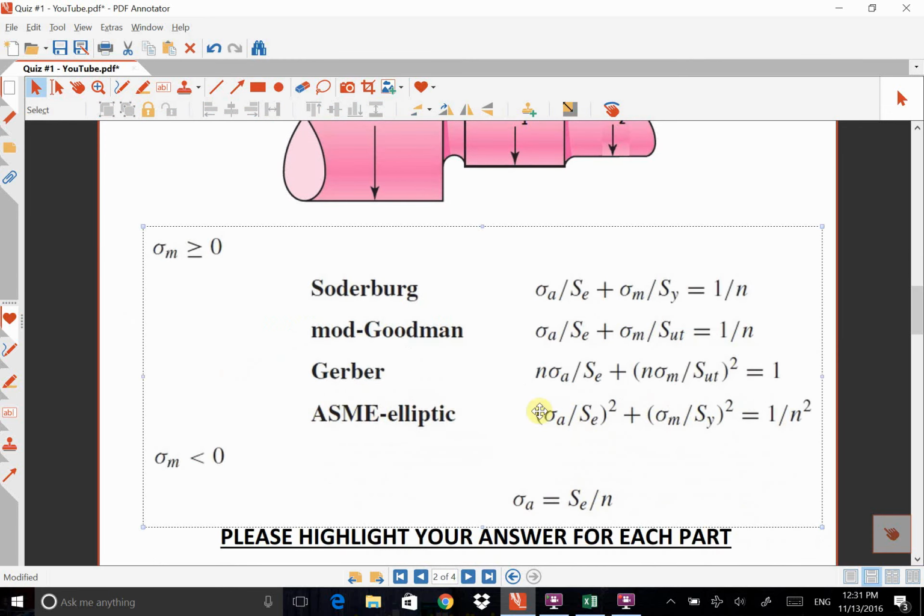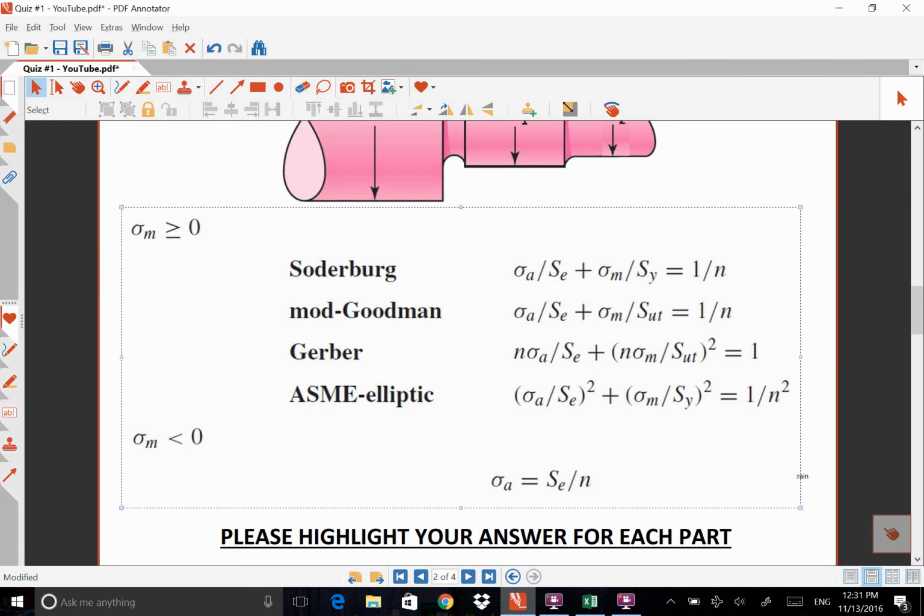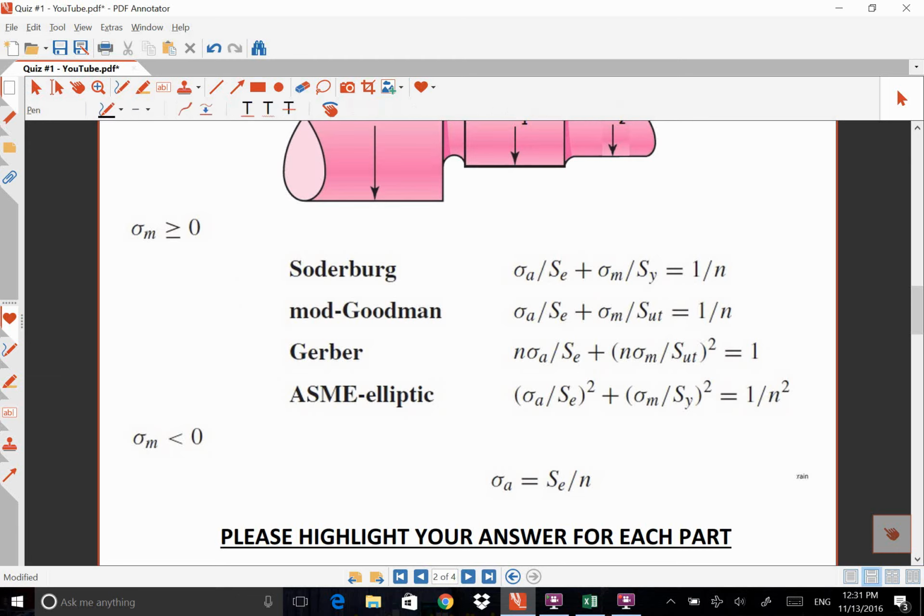Okay, so this is part of the book. So if you want to find the completely reversed stress, we need to substitute SE with completely reversed stress.